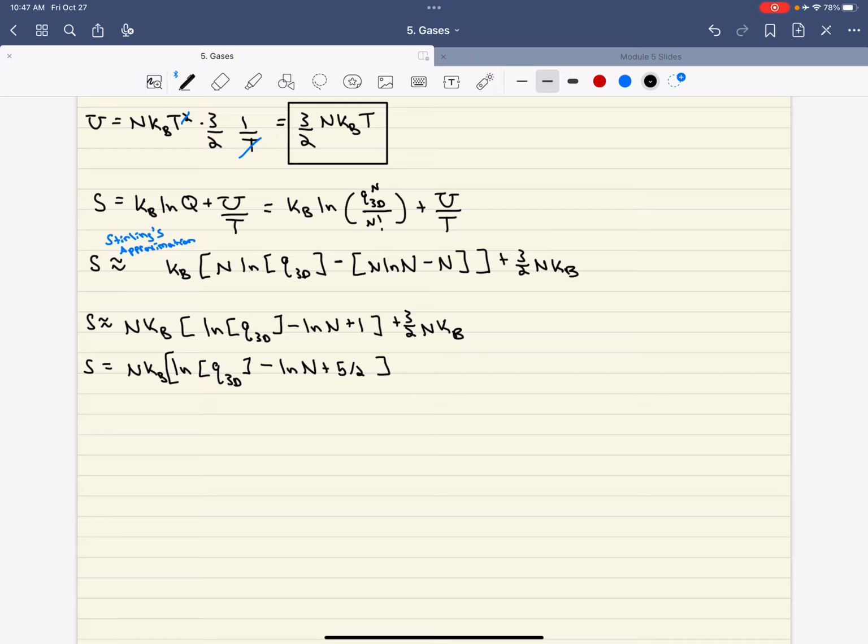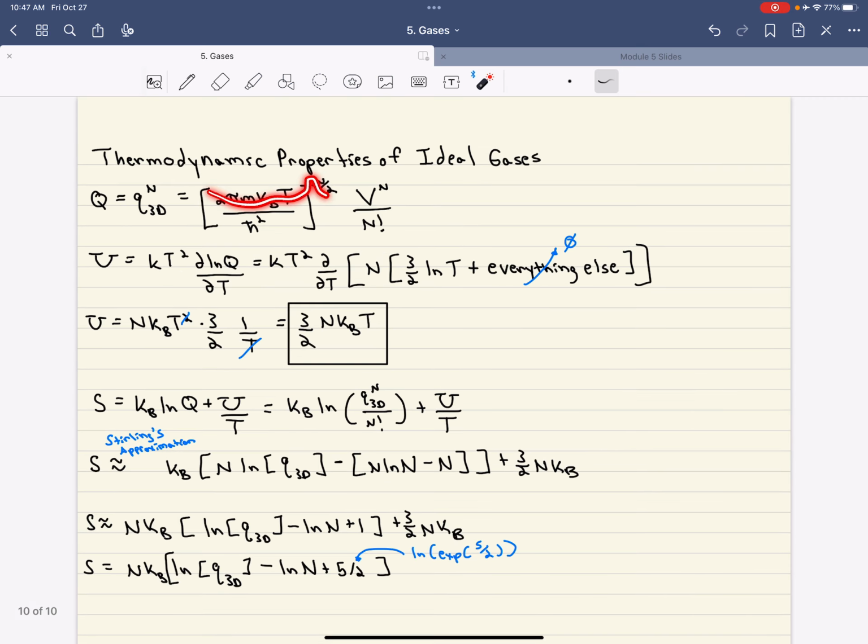Just to avoid confusion, this 5/2 is the same thing as saying you have the natural log of the exponential of 5/2. It's kind of a weird way to state that, but if I state it like this, I could then combine terms in the natural log. The other thing I'm going to do now is plug in for the three-dimensional partition function, everything except the n power there.